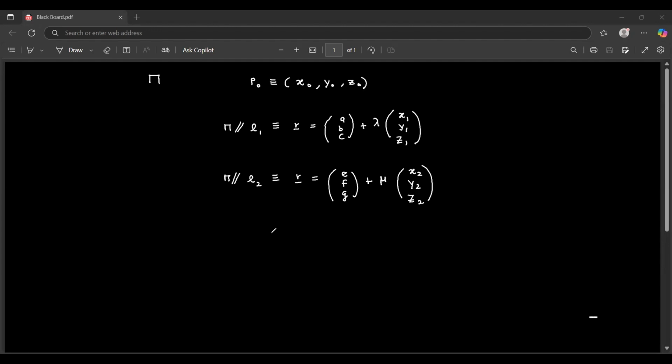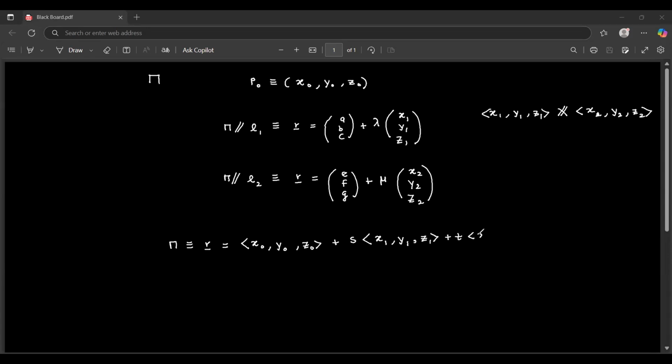If they clearly say that ⟨x1, y1, z1⟩ is not parallel to ⟨x2, y2, z2⟩, you can write the vector equation for pi such that r = ⟨x0, y0, z0⟩ + s⟨x1, y1, z1⟩ + t⟨x2, y2, z2⟩.